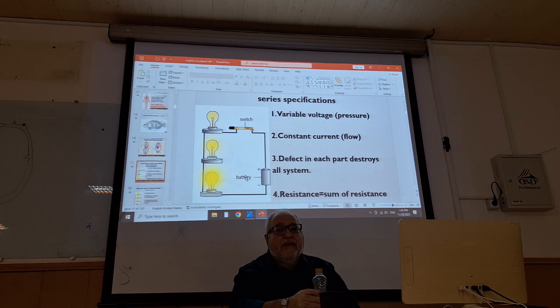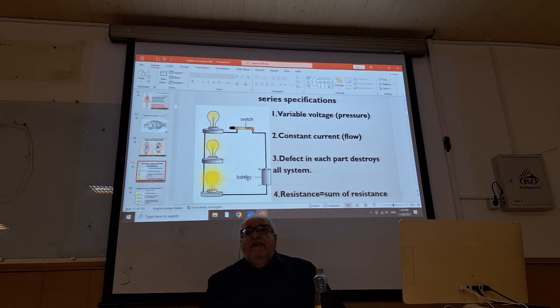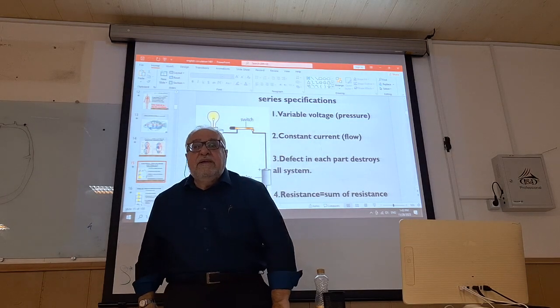Now, I say that our circulation is a steady circulation, a pure series circulation. It should have these four variables, including constant current. Is it constant current in the two ventricles? Yes. Why?